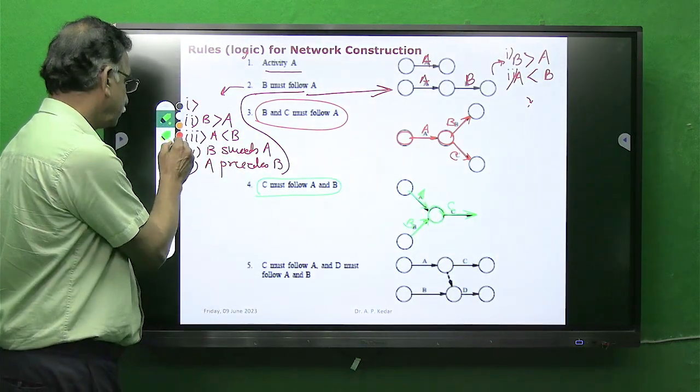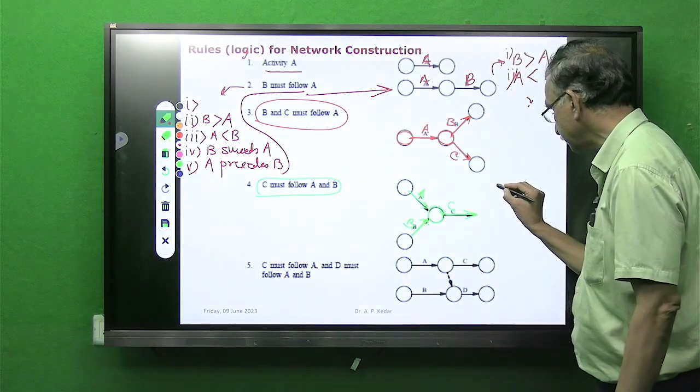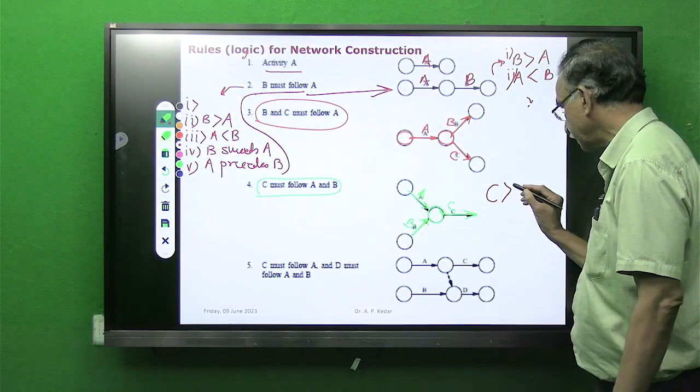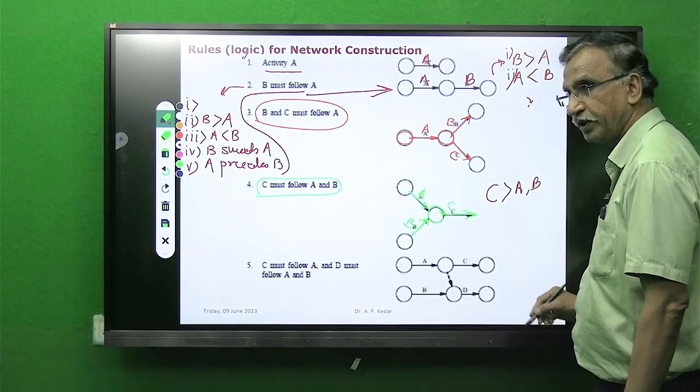So how can the logic be written? In the same fashion, C greater than A and B, one way.